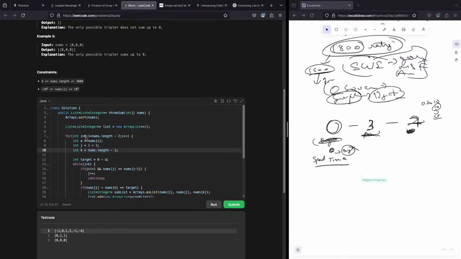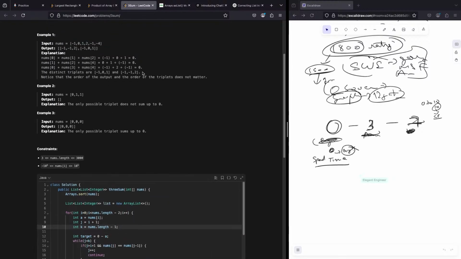Cool. So if i is 0 and nums length is -2, so that means, what was the case of this? So -1, -4, -1, -1, 0, 1, 2, 0, 1, 2, 3, 4, 5, 6 is the length. So it should be less than 4.